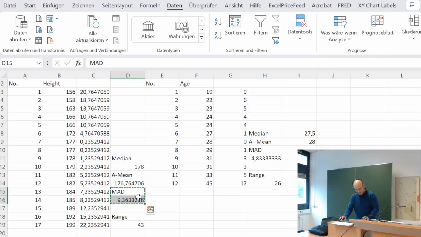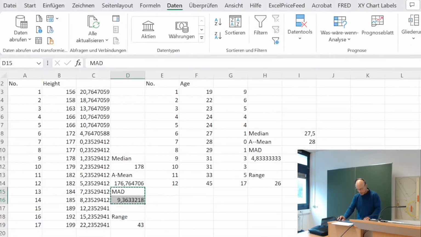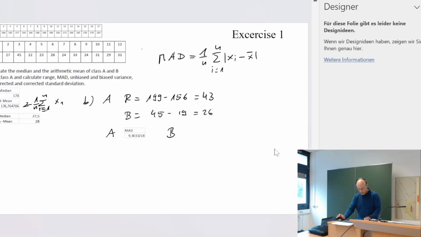So mean average distance for A, this would be A, and for B we have 483.